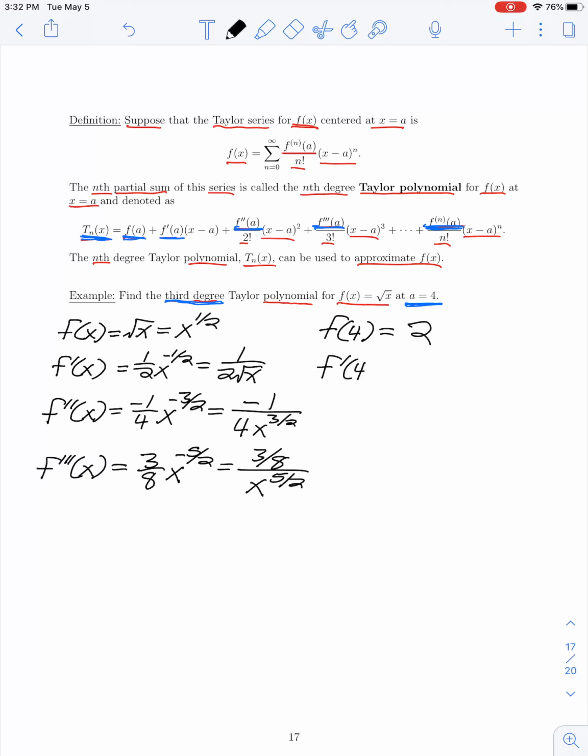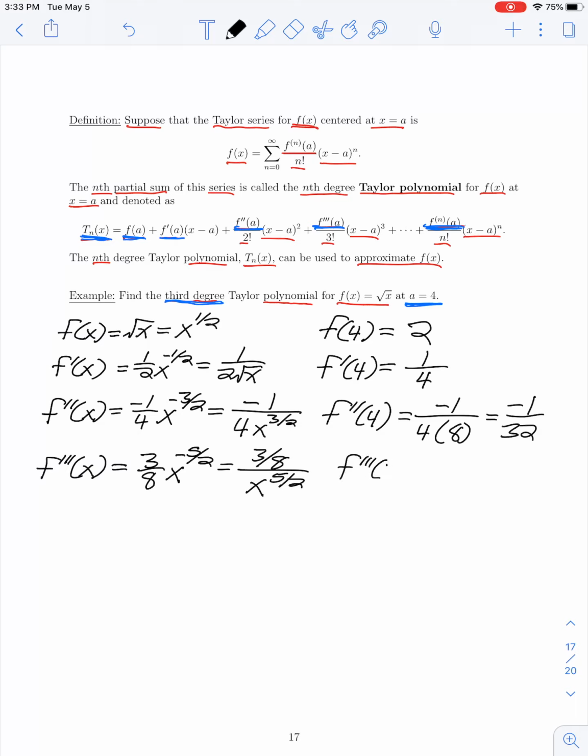F prime of 4 would be 1 over 2 times the square root of 4, so 1 over 2 times 2, or 1/4. F double prime of 4 is given by negative 1 over 4 times 4 to the 3/2, which would be the same as 4 to the 1/2 cubed, or 2 cubed, which gives us 8. So altogether, negative 1 over 32.